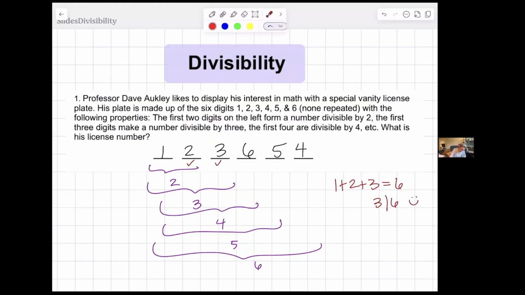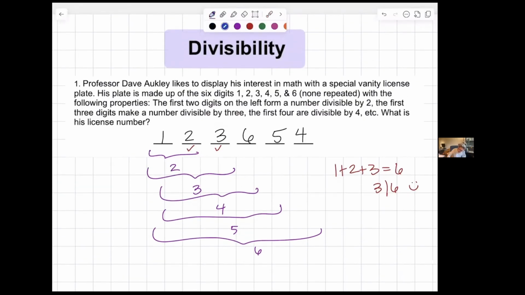I need this number to be divisible by 4. For that to be the case, the last two digits need to be divisible by 4, right? So that's that rule here. I can also write some of these rules off to the side if that's helpful. So 3 divides a number if the sum of the digits is divisible by 3.